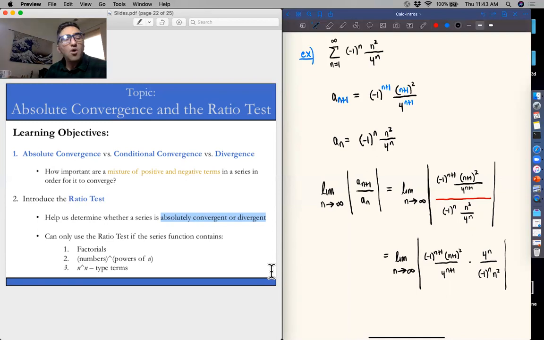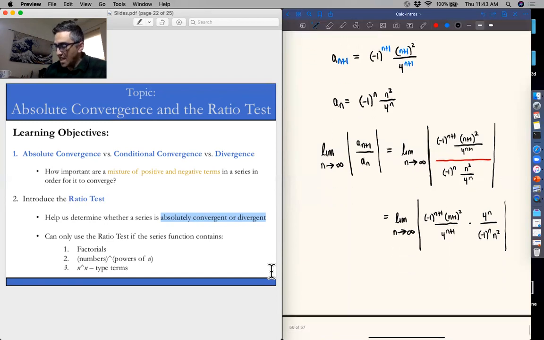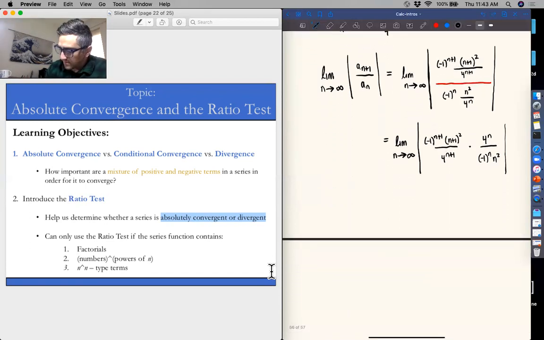And now we can start multiplying things, maybe dividing things out and stuff like that. But what I like to do in these types of problems is basically put all the similar functions all over each other. So I'll take that (-1)^(n+1) in the numerator, put it over that (-1)^n from that denominator.